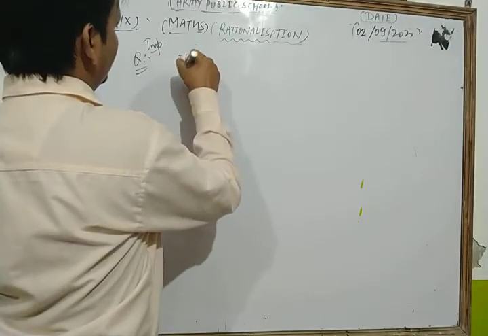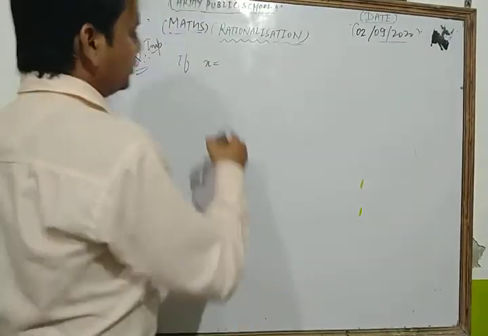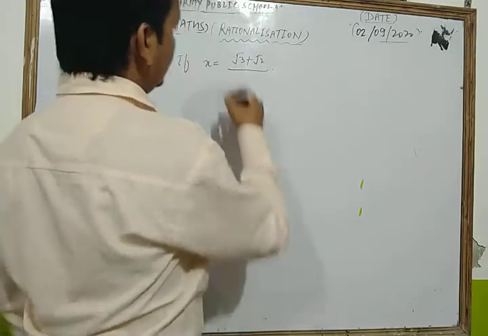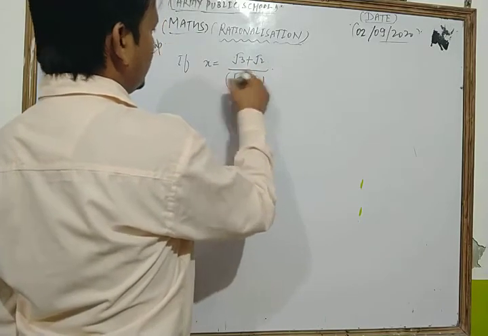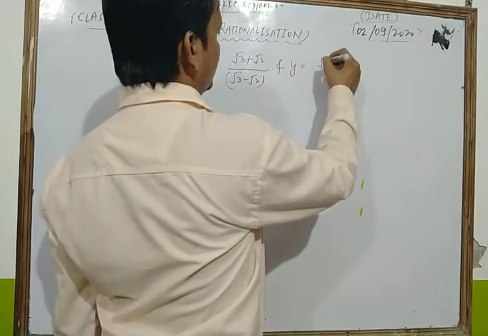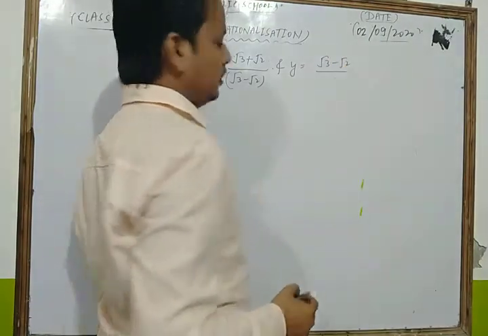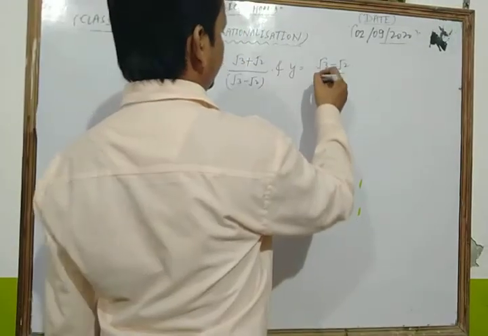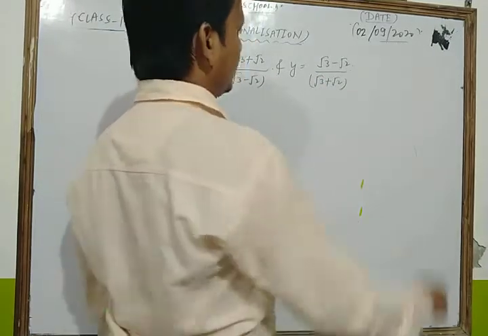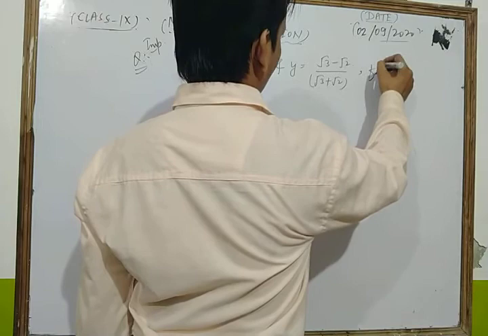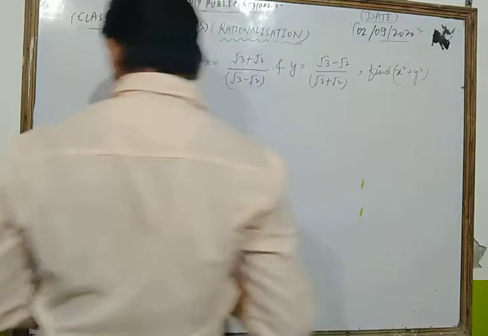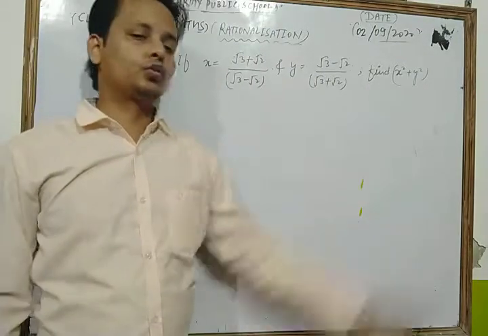If x is equal to (root 3 plus root 2) upon (root 3 minus root 2), and y is equal to (root 3 minus root 2) upon (root 3 plus root 2), find x square plus y square. Find the value of x square plus y square.